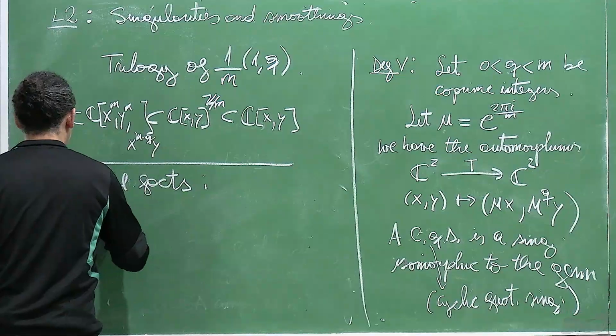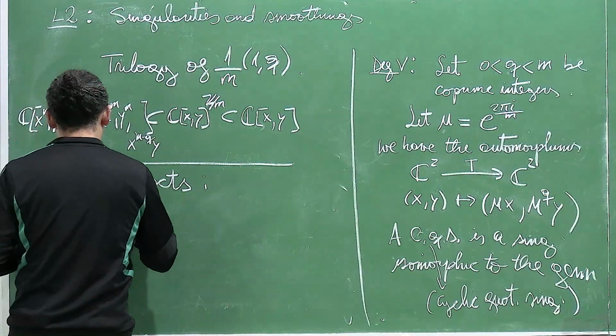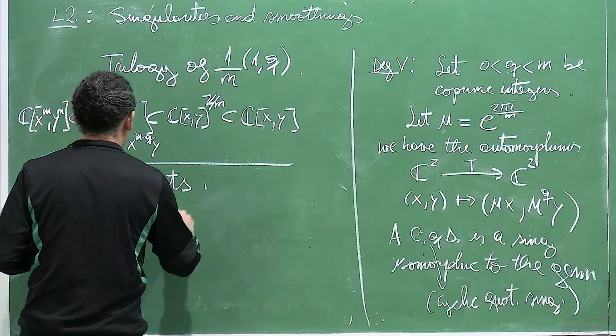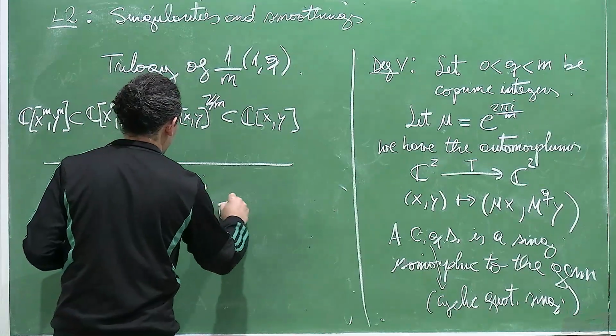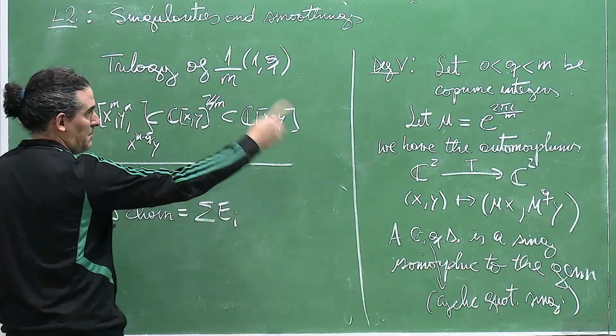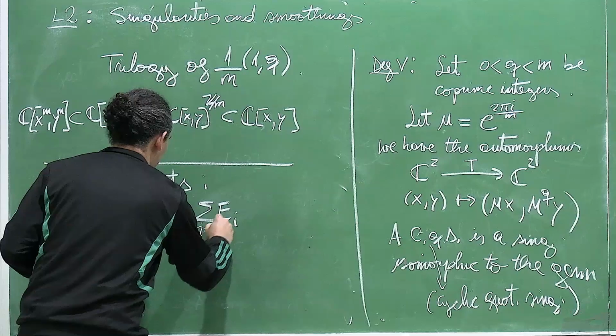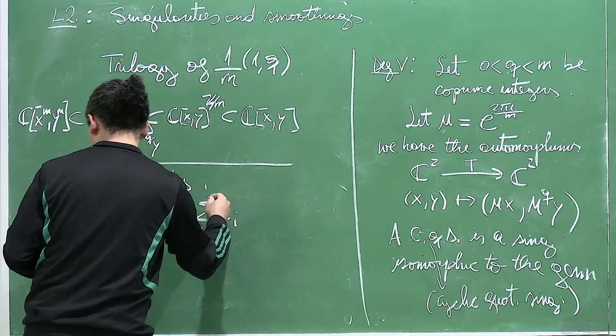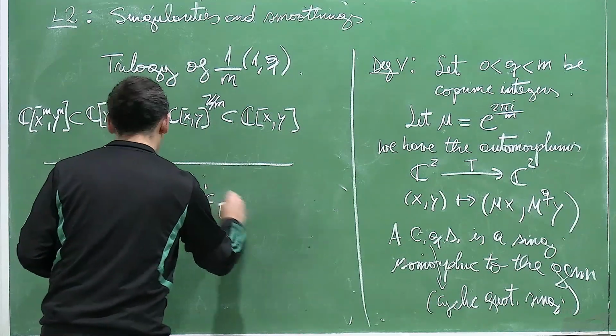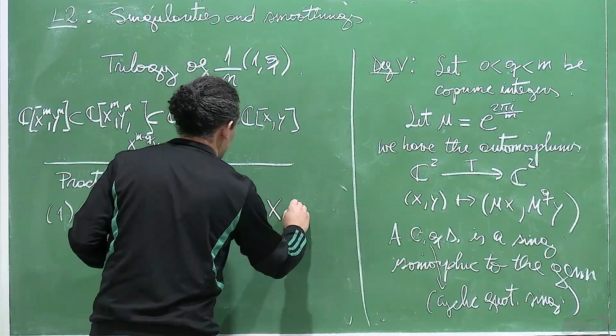So given a Hirzebruch-Jung chain, say the sum of the E_i. This is going to be my notation for the P1s the whole time, the exceptional P1s. This is R inside of X, non-singular.